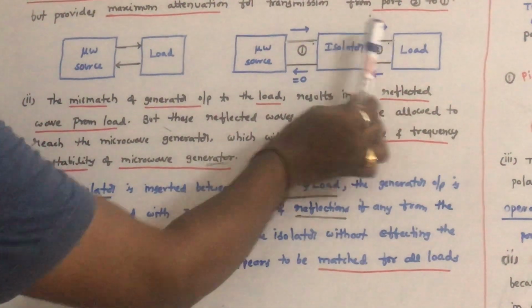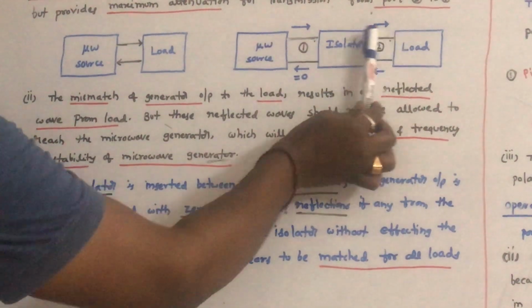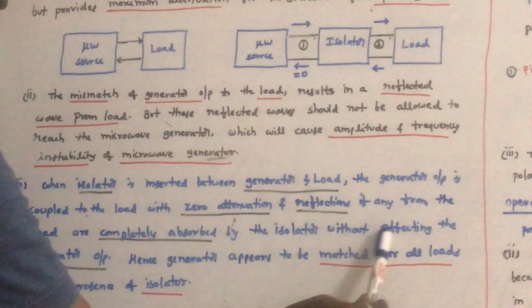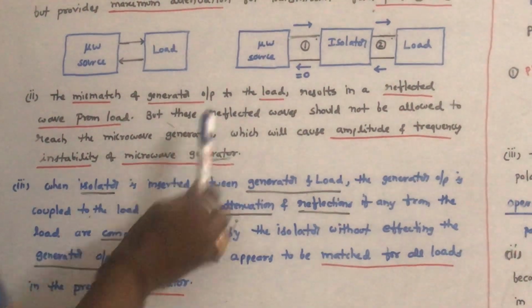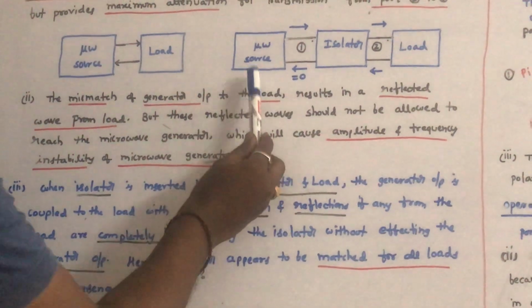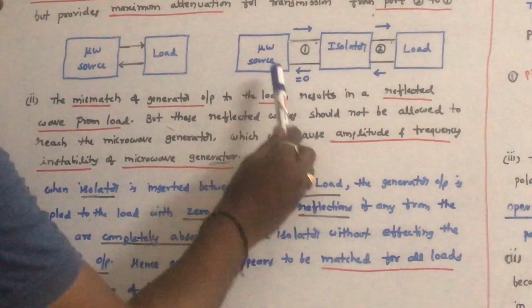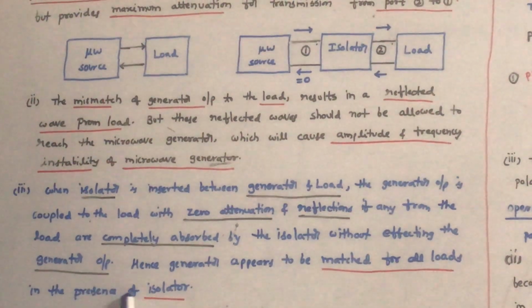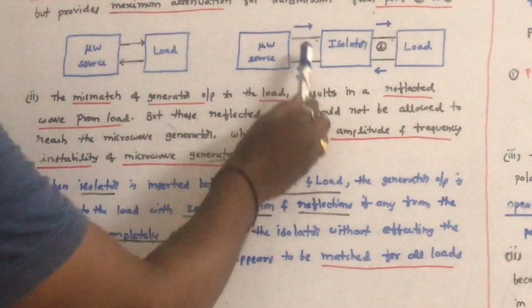Earlier these reflections reached the microwave source. Now these reflections are completely absorbed by the isolator without affecting the generator output. Hence the generator appears to be matched for all loads in the presence of the isolator.